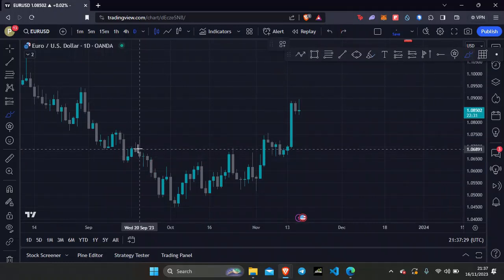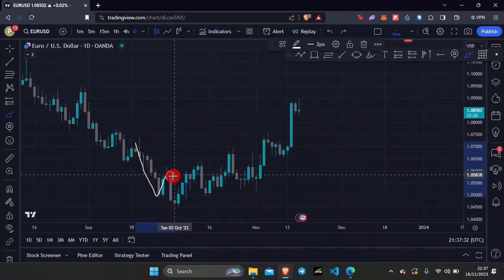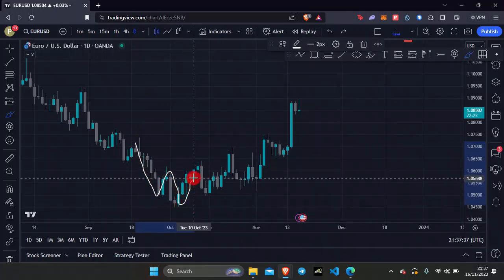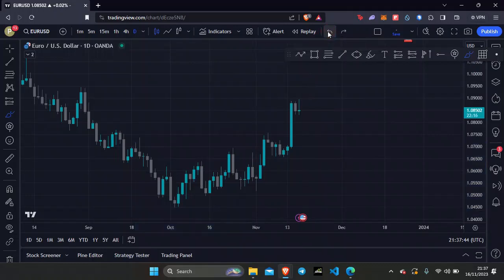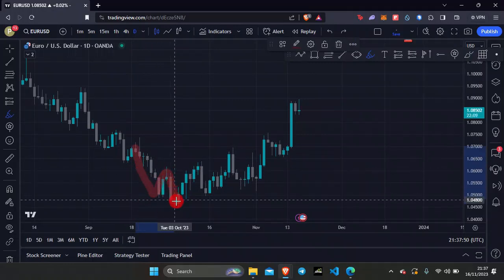We went from creating lower low, lower high, lower low. Now the anticipation was we would create a lower high before creating a lower low, right? But that did not happen. Instead, what actually happened is we got a lower low, a lower high, a lower low.